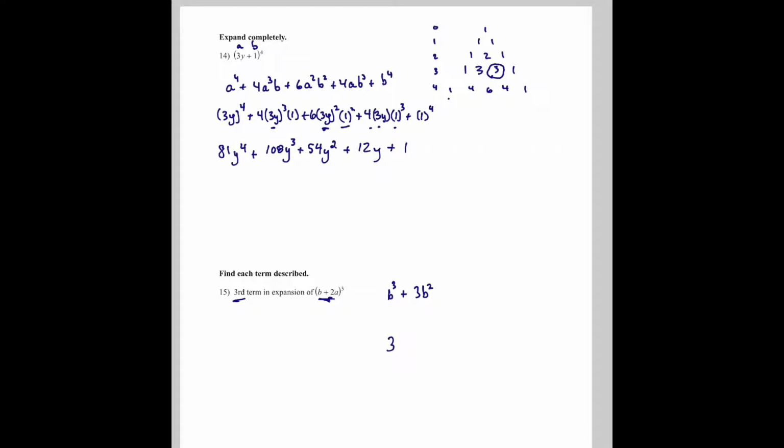B squared times 2a, and then 3 times b times 2a squared plus 1 times 2a cubed. Now the third term is going to be this one, so it's 3 times b times 2a squared. This is 3 times b times 4a squared, which is 12 times b times a squared.